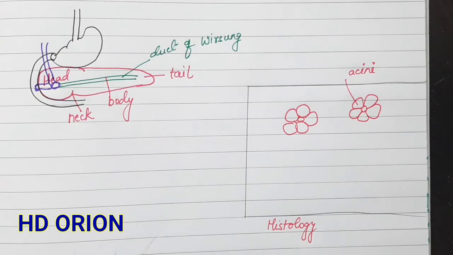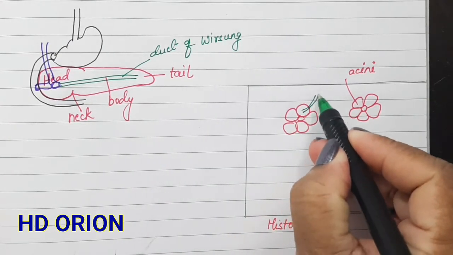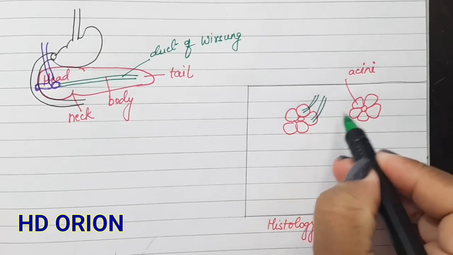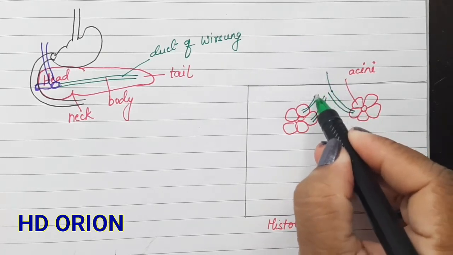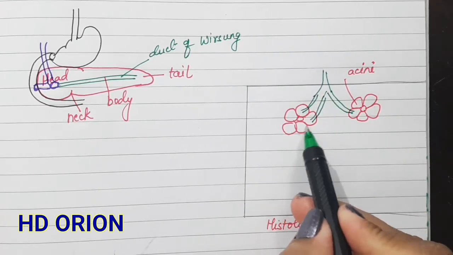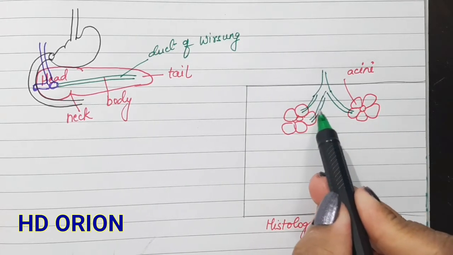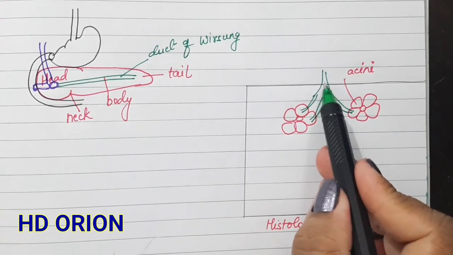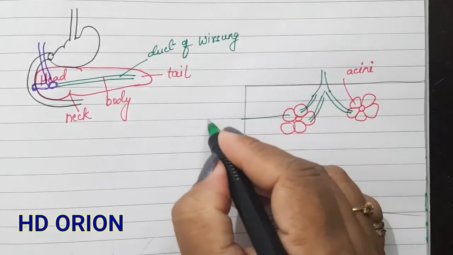And the pancreatic duct or the duct of Wirsing arises from these, and then it forms the common pancreatic duct. So the formation of the pancreatic juice is inside these acini cells, and all of them release the juice and pour it into the pancreatic duct, which then opens into the duodenum. So this is the exocrine part.